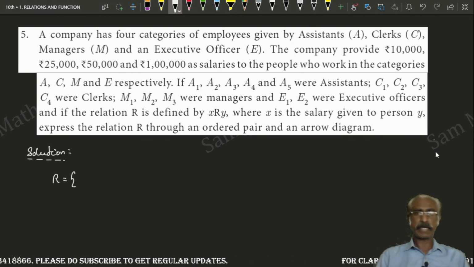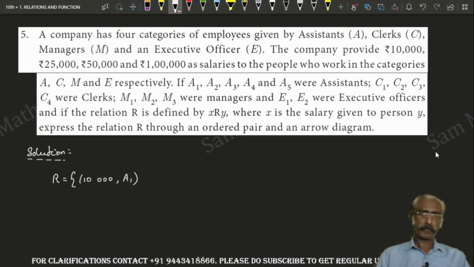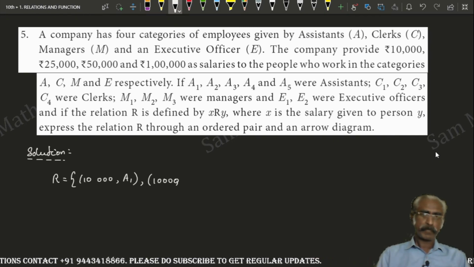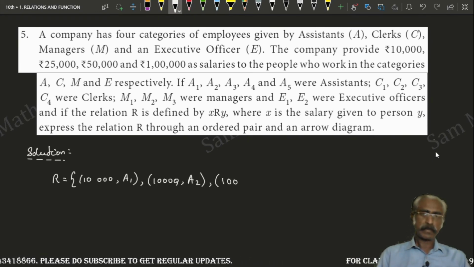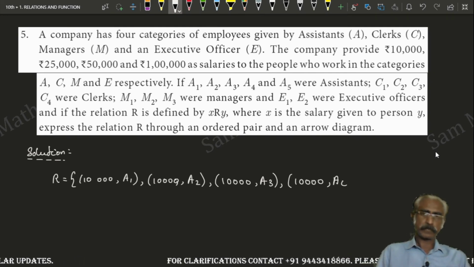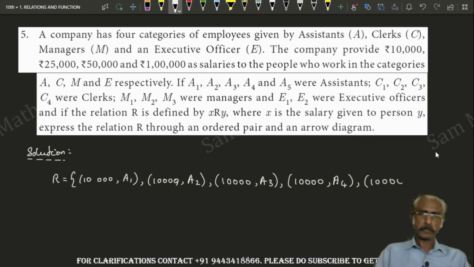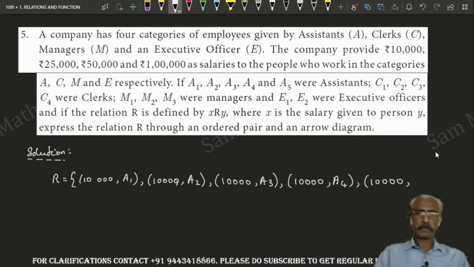First one is salary: (10,000, A1), (10,000, A2), (10,000, A3), (10,000, A4), (10,000, A5). 5 assistants.